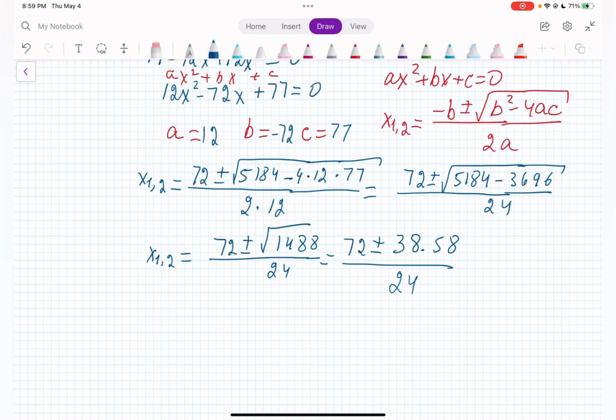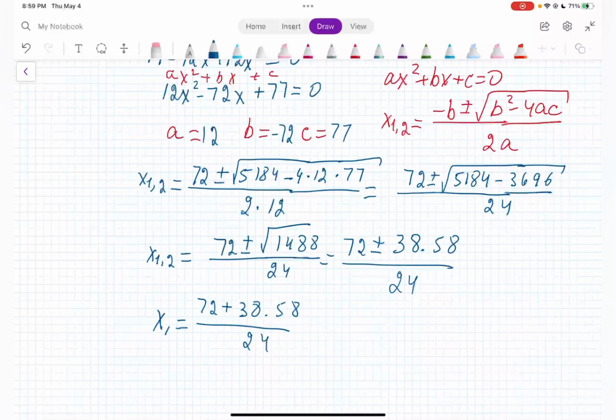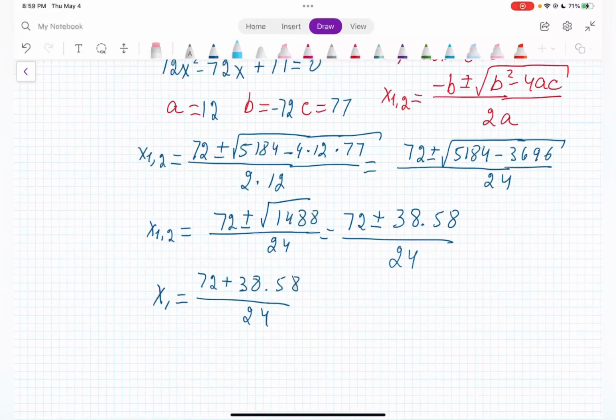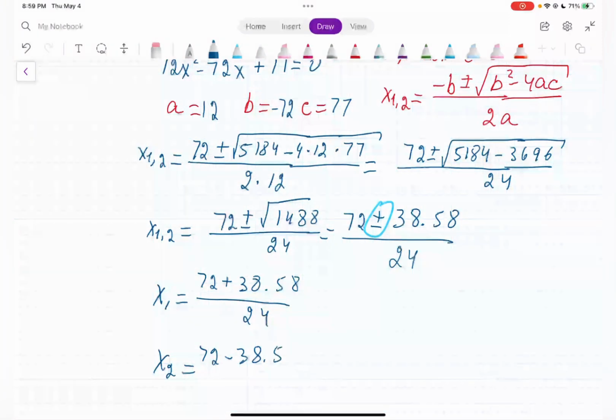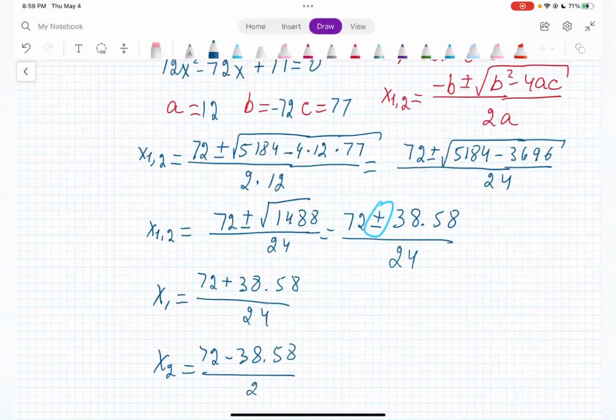All right, so plus 72, and x1 is equal to 72 plus 38.58 divided by 24. Now we separate this plus minus at the end. And x2 is equal to 72 minus 38.58 over 24. Let's go for it.